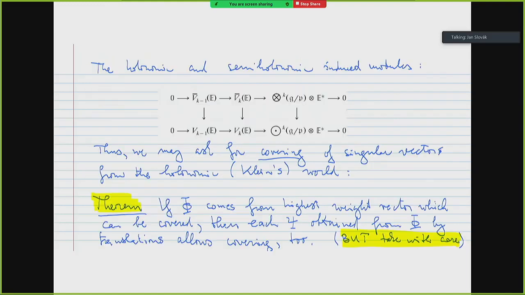And of course what we can observe is that there is a filtration, like we've got the filtration on the standard Verma modules, so the same filtration will be on the semi-holonomic ones, and we can talk about the order of the homomorphism by looking at the level where the E star will be embedded.